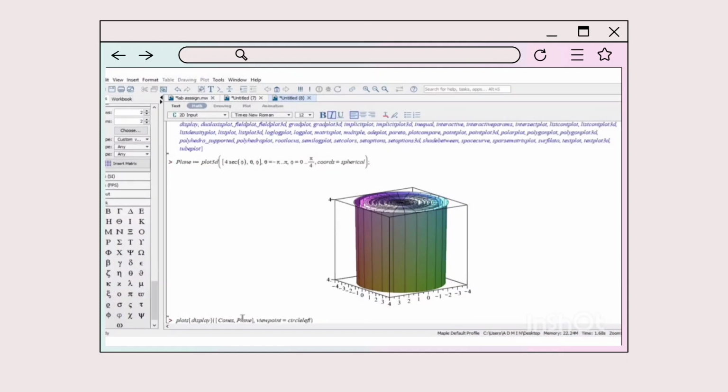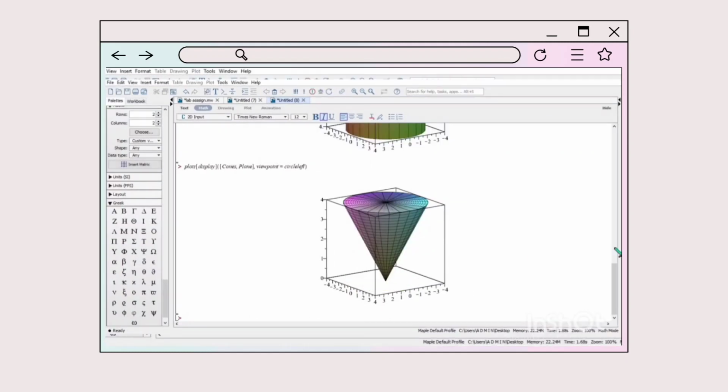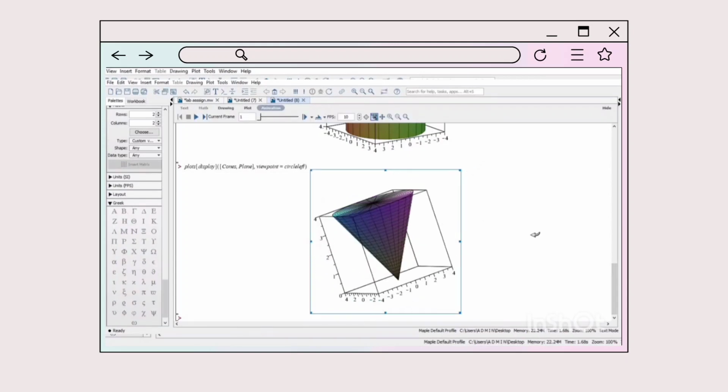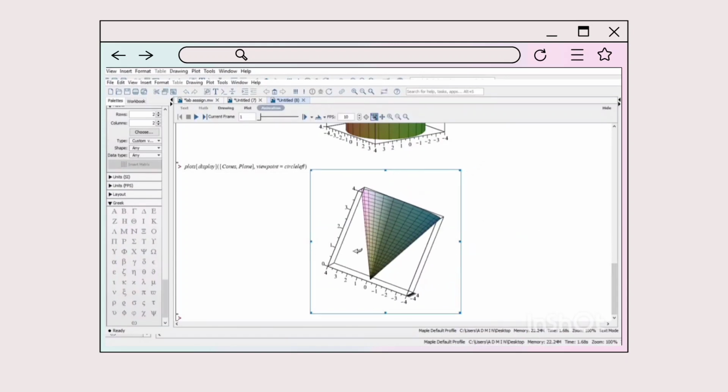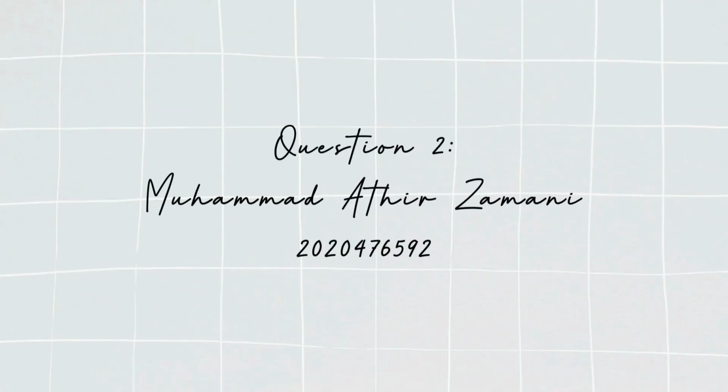This is why I said earlier we need to rename our first task, because it makes it easier. We don't need to write the long code again to call it back. We just write the name that we declared earlier. Then click enter. So this is how the combination between the cone and plane will look. That is all from me. Thank you.